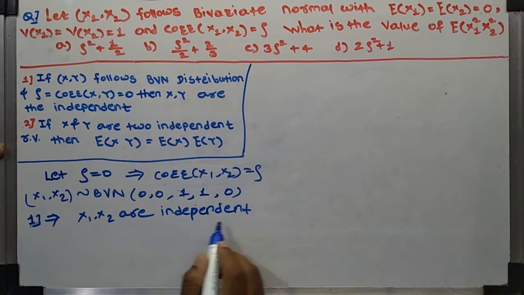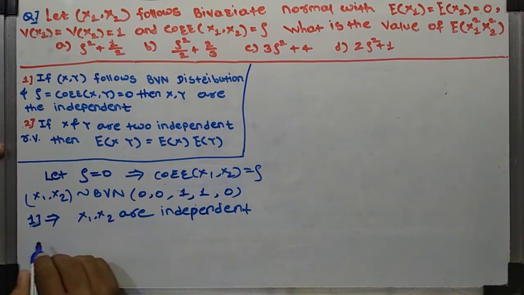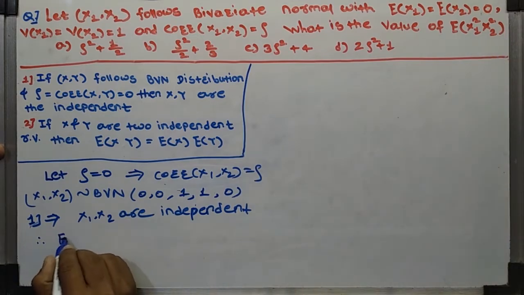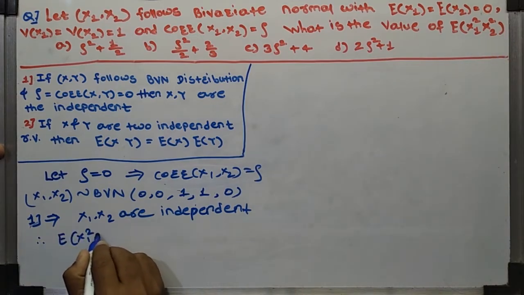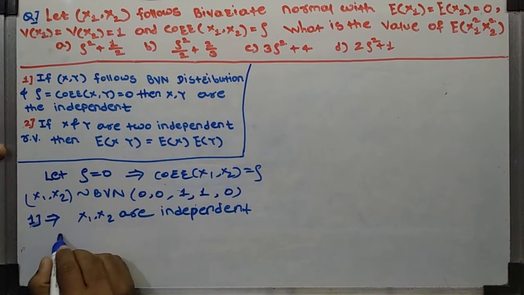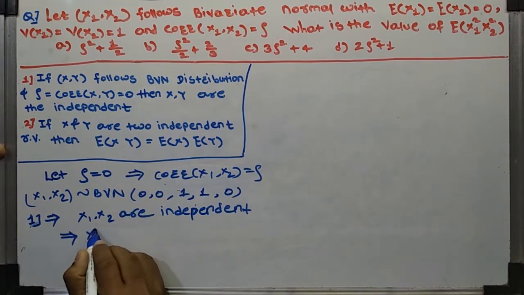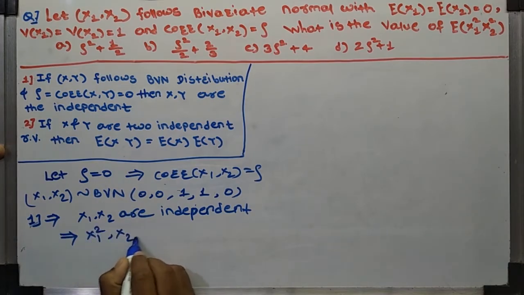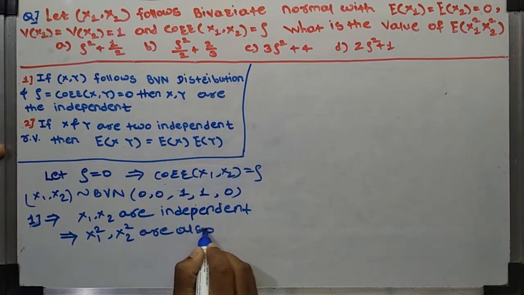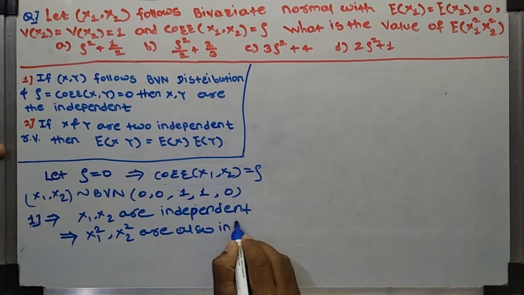This implies that X1, X2 are independent. This implies that X1 square, X2 square are also independent, because X1 and X2 are independent.